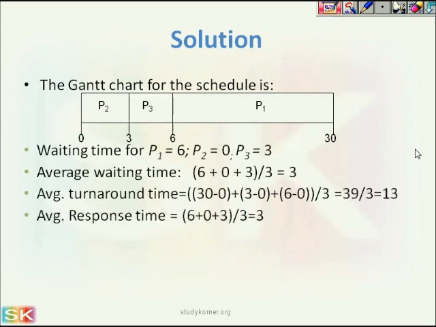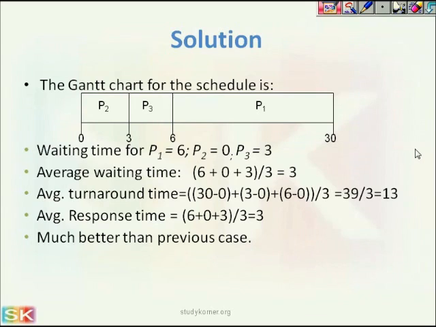In this case, we are having the processes with the same burst time except that their order is changed, and because of that average waiting time comes out to be 3, which was 17 in the last case, and average turnaround time comes out to be 13, which was 20.33 in the last case, and average response time is equal to 3, which was again 17 in the last case.